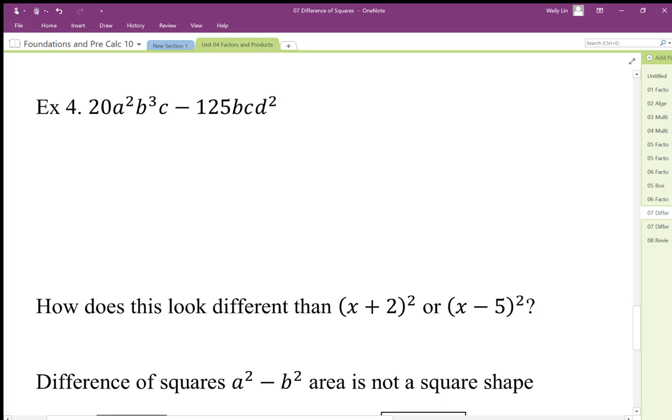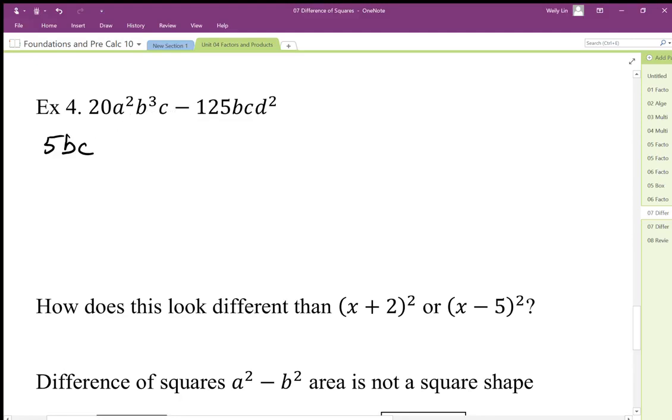So again, reminder, we have to make sure we factor the greatest common factor. So I have to check my numbers, 20 and 125. The greatest common factor is 5. A squared, no a squared here. B, there's one b, one c, c here and here, and no d that's common.